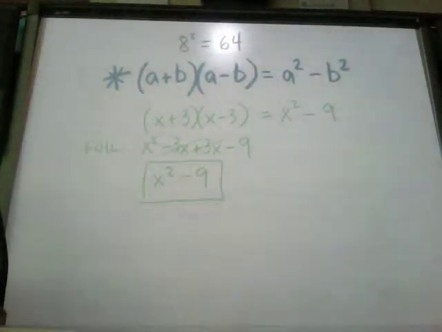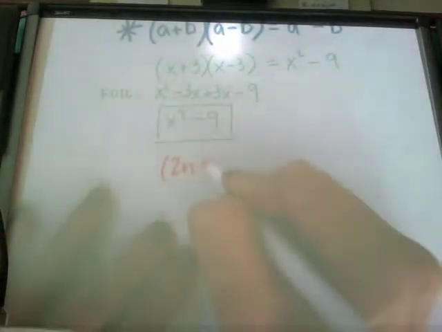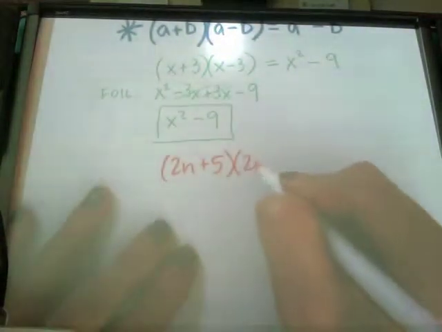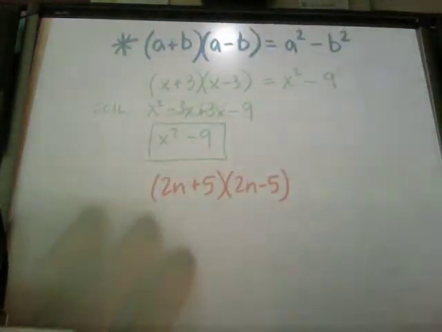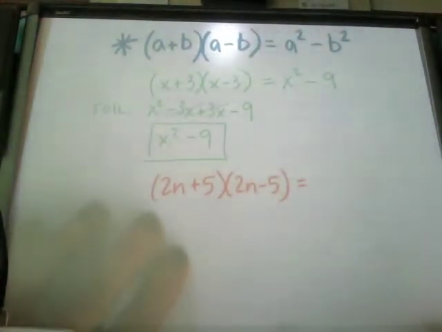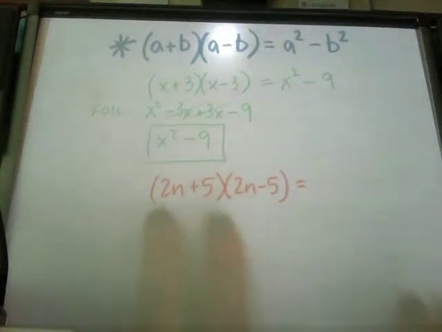Let's do one more, and then I'm going to show you why you will need to know the pattern because we're going to go backwards with it. Let me do one more. 2n plus 5, 2n minus 5. Let's try to use the pattern here. We can FOIL it, but I want you to try using the pattern as well.